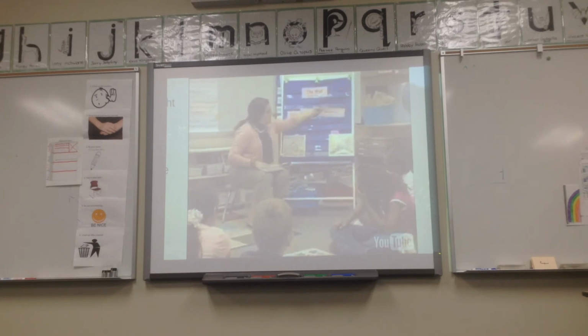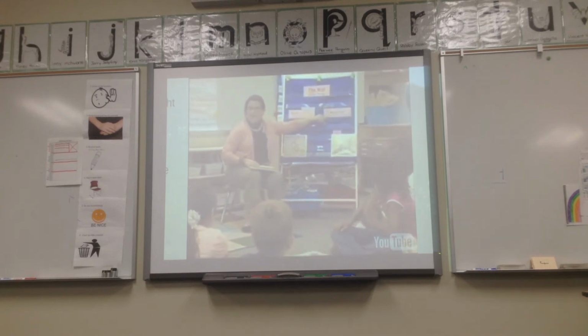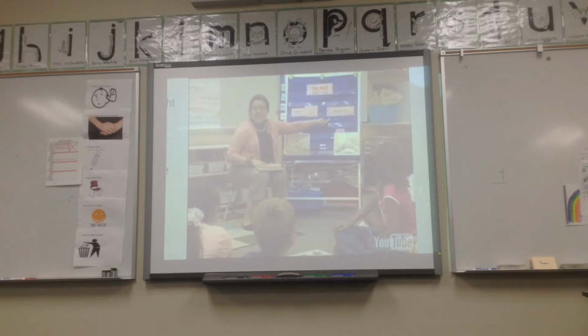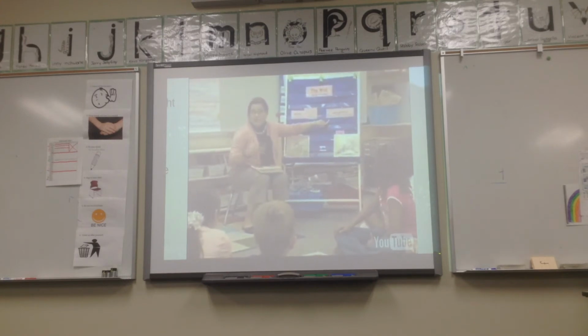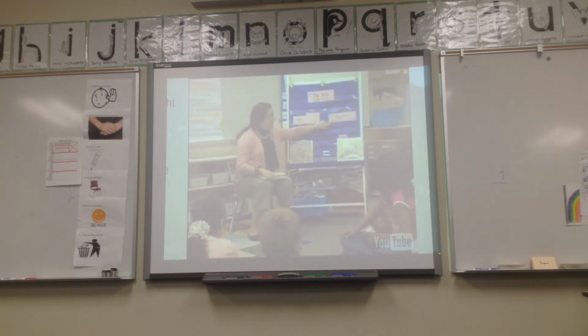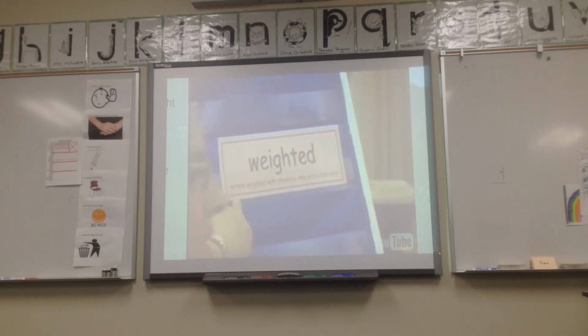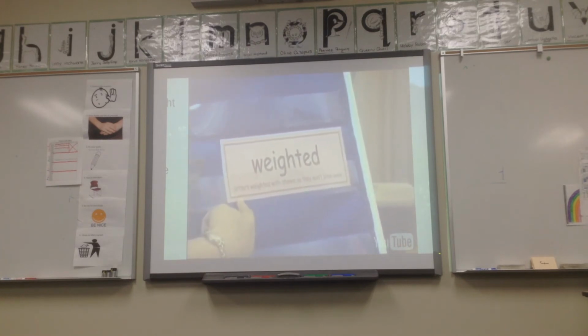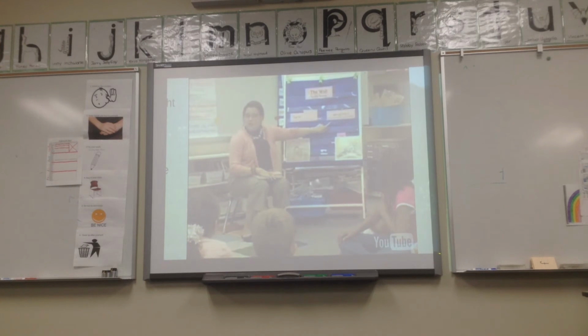The next one, weighted. Weighted. And if you notice, it's not spelled W-A-I-T-E-D, like I waited in line at McDonald's for a really long time. But instead it's weighted, like weigh, how heavy something is. And listen to how it's used in this story. Letters weighted with stones so they wouldn't blow away.